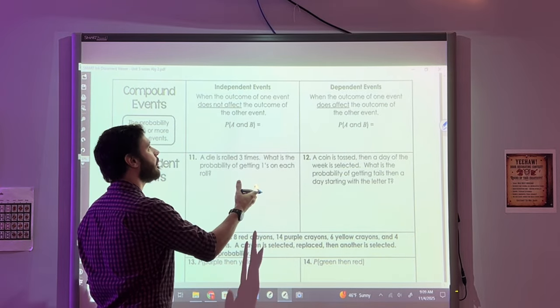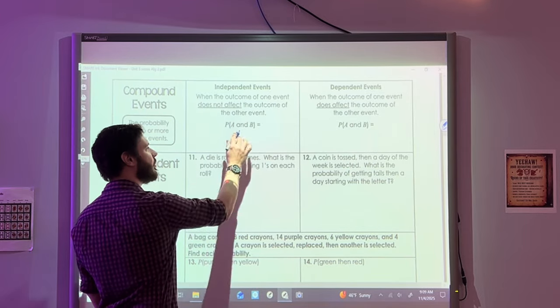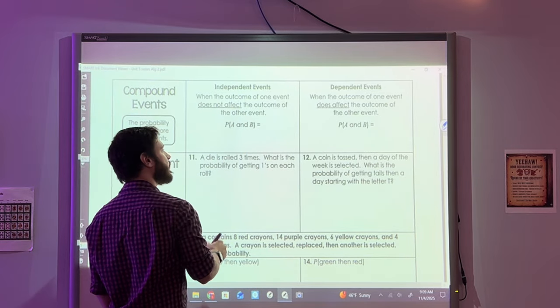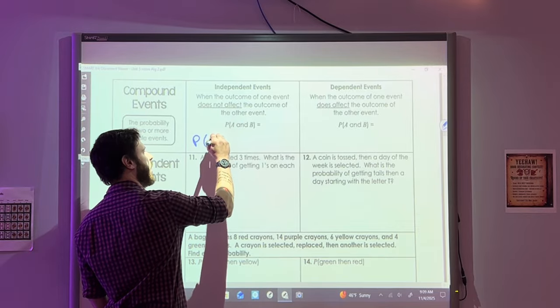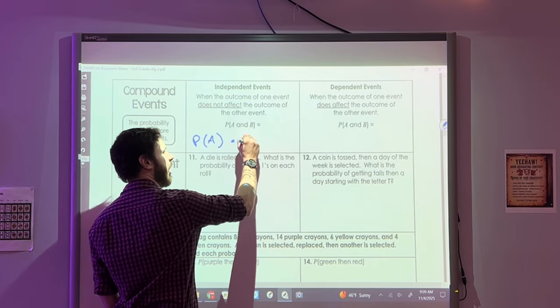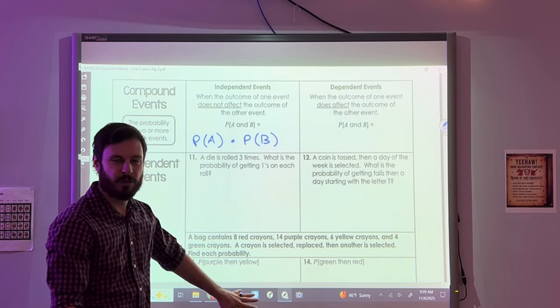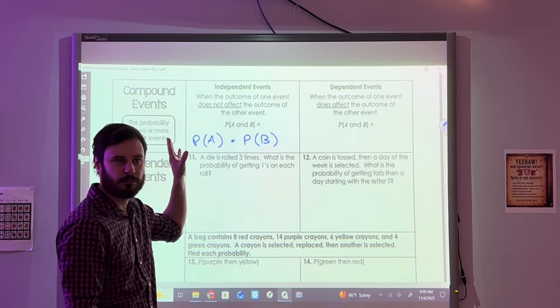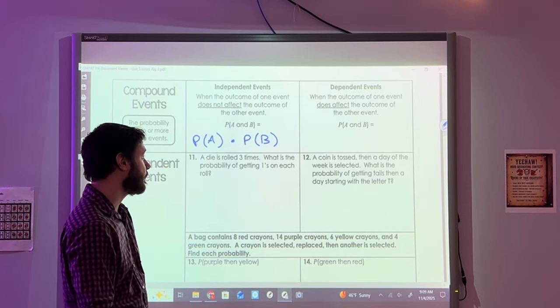Again, it was just multiplying because compound events depend on each other, so you multiply. And typically "and" is a multiplication statement. So the probability is equal to the probability of event A times the probability of event B. That's literally how we did all these. It's just more correct or proper if you see it written out like this.